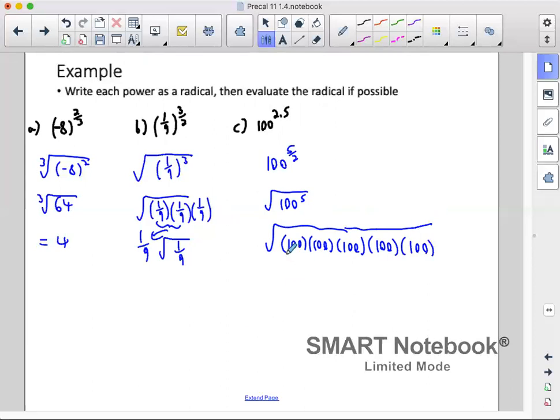So we've got 2 100s there, so we can bring 100 in front. We've got another 2 100s here, so we can bring another 100 in front. And then we've got the root of 100. Now 100 times 100 is 10,000, times the root of 100, which is 10. So we have 100,000.